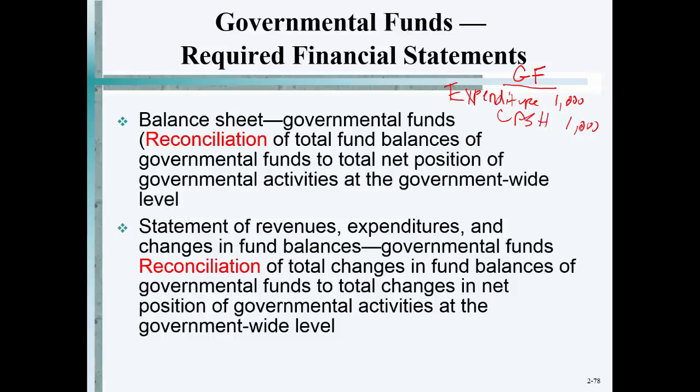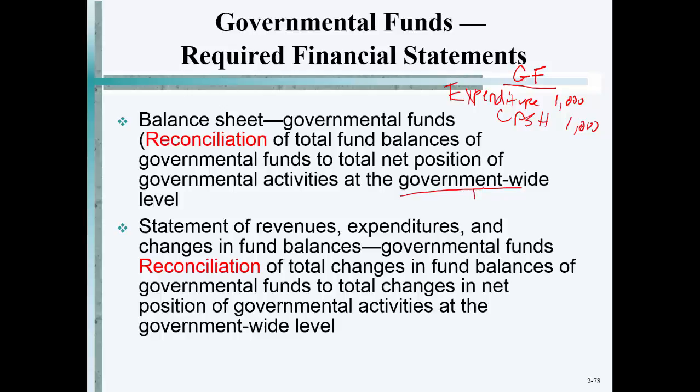Now, that's at the general fund, at the governmental fund level, right? What happens if I'm purchasing that equipment and I'm trying to report at the government-wide level? Same transaction, but now I'm at the government-wide level. What type of accounting do I use at the government-wide level? Accrual. When I purchase equipment, what journal entry do I make under accrual?